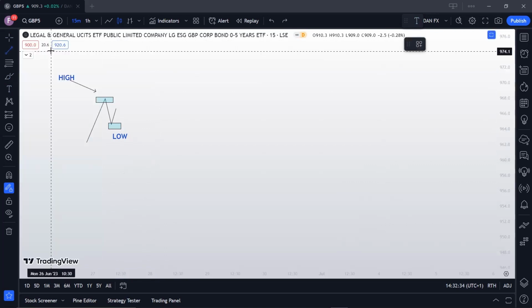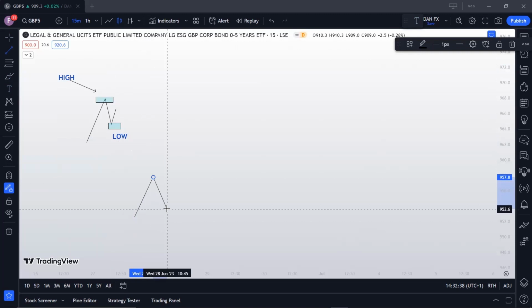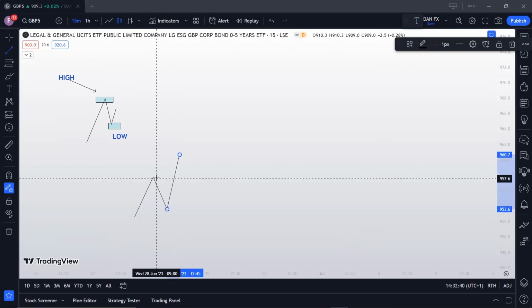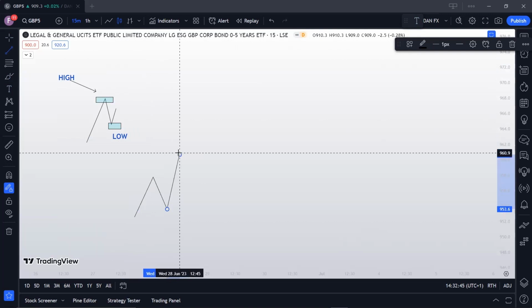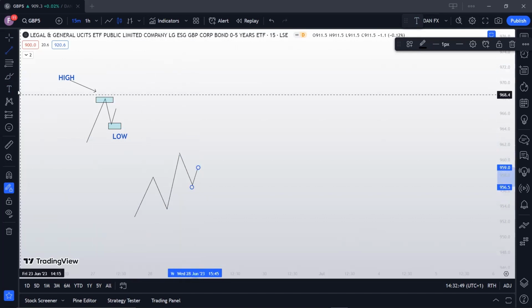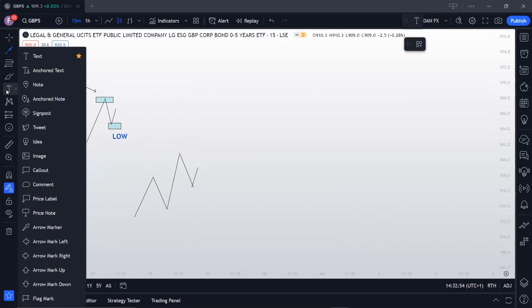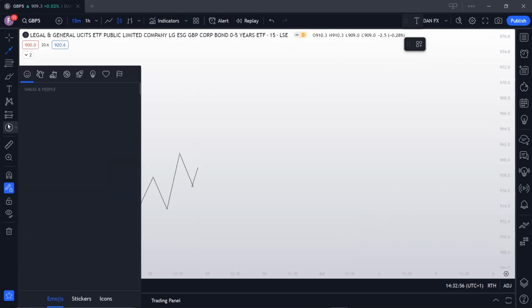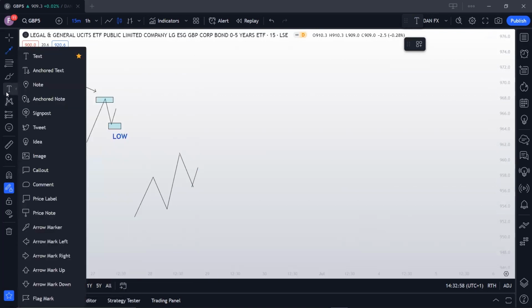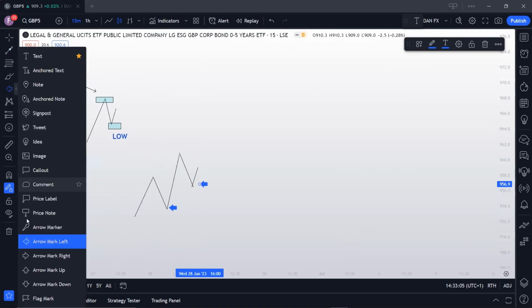Now, let me just draw out an uptrend for you. When you see the market go and form a high and form a low and form a high that is higher than this previous high, and then comes down and forms a low that is higher than this previous low, that's an uptrend. So let me use the arrow. Yeah. So these are the lows and then these are the highs.